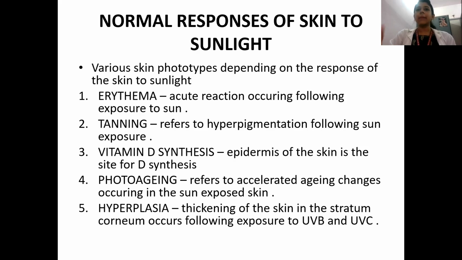Tanning is the hyperpigmentation that occurs on the skin following sun exposure. Vitamin D synthesis is where the skin will synthesize vitamin D at the epidermis level. Photoaging is the accelerated aging changes that occur in the skin when exposed to sunlight. Hyperplasia is a thickening of the stratum corneum of the epidermis following exposure to mainly UVB and UVC.